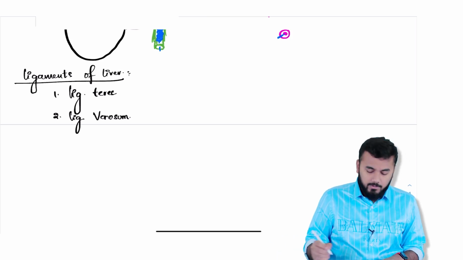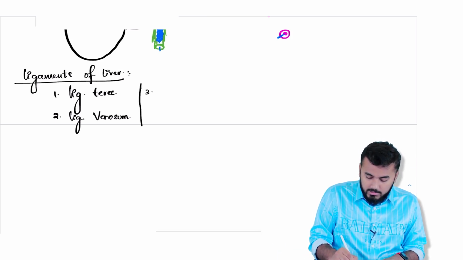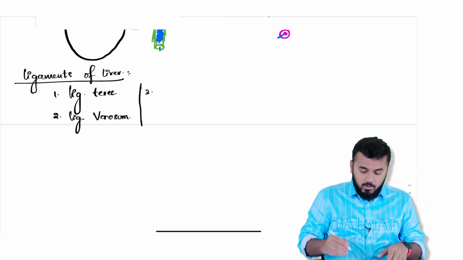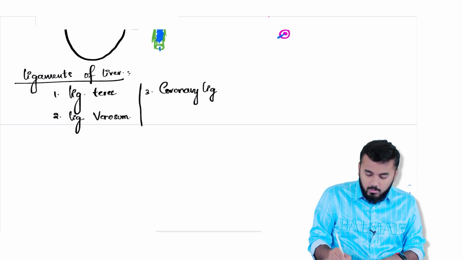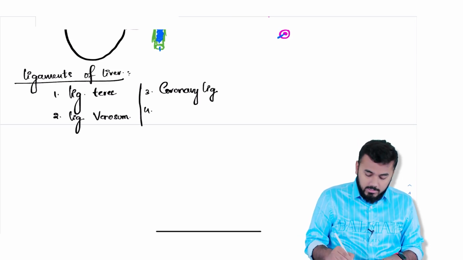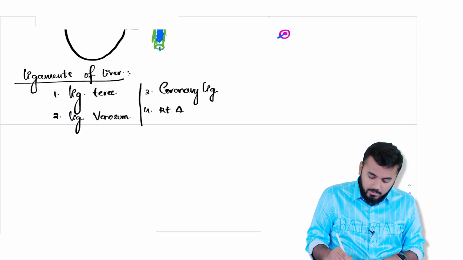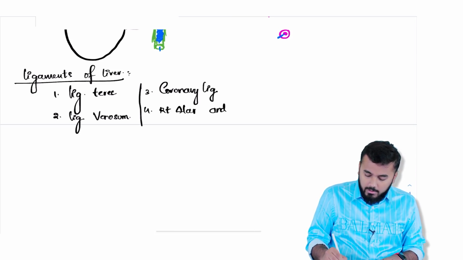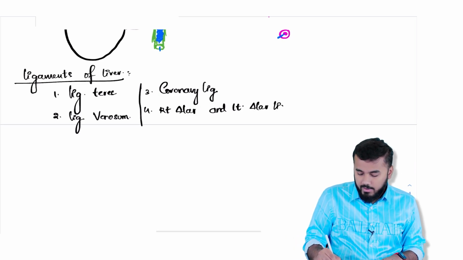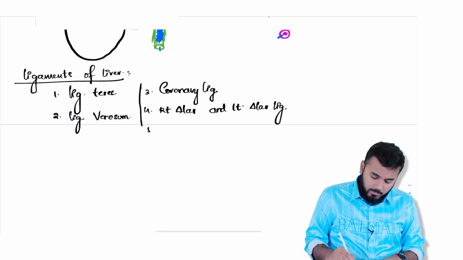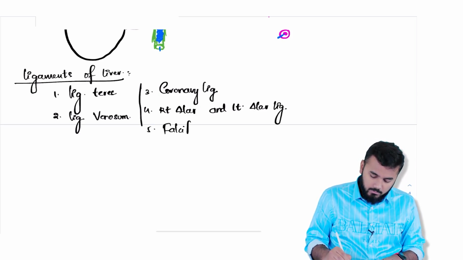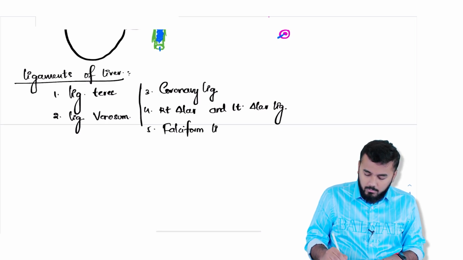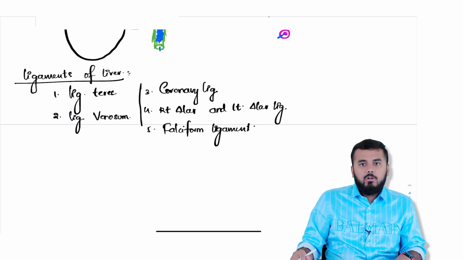Third, we have discussed on the top, there was the coronary ligament. Fourth, we have the right triangular and the left triangular ligament. And fifth important thing, we have also got the falciform ligament.